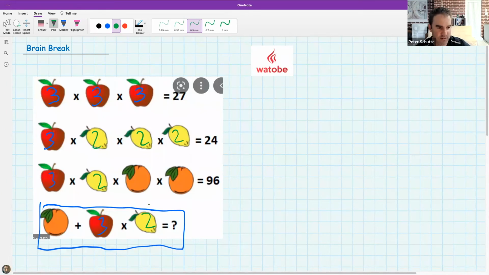All right. Now we need to pay some attention to these peaches. This is where knowing your times tables is quite helpful. But just think about it: 3 times 2 is 6, and so then 6 times something is 96. What do these 2 peaches need to be?